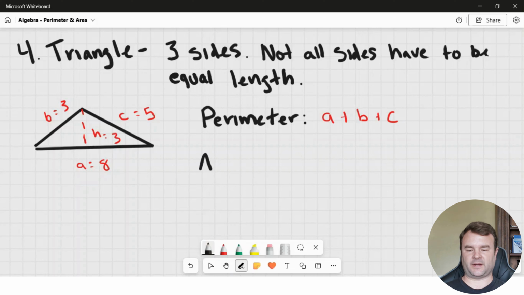And then we'll define the area. So the area is 1/2 times the base, which is side A. Just like the parallelogram, it has a base, and that is side A. So 1/2 times the base times the height.